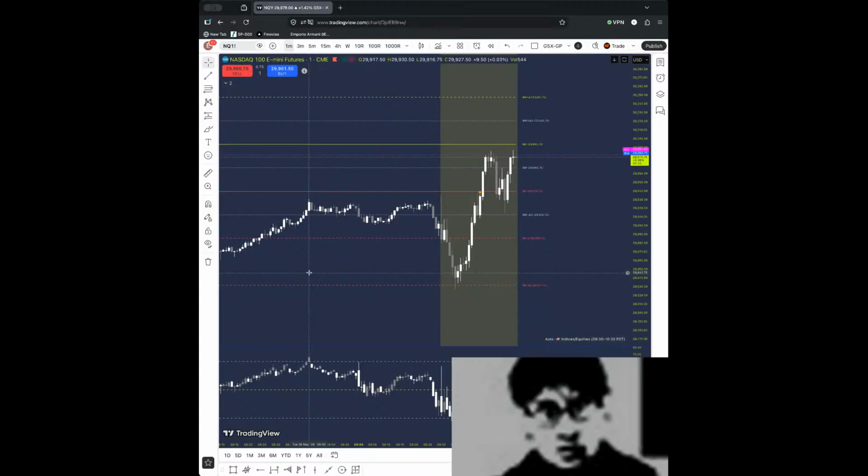I'm gonna drag my stop up just a little bit, just in case they do a false breakout and then try to roll back over, but this still looks extremely bullish on the cues.